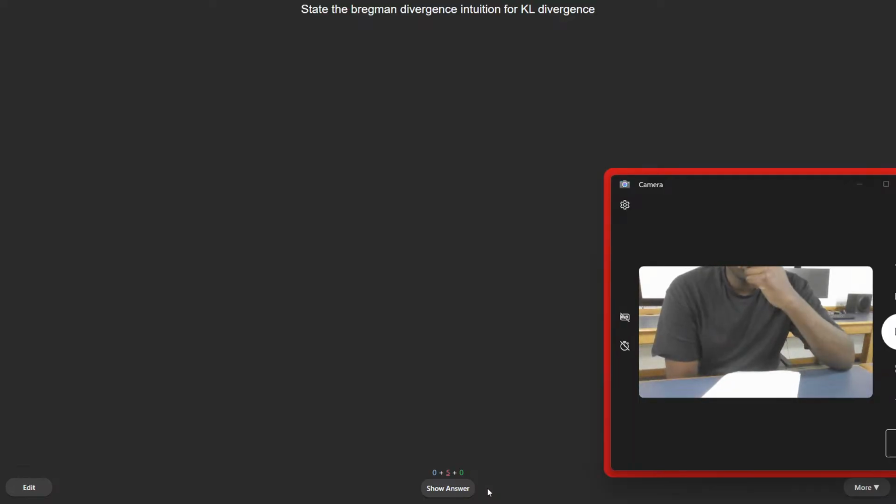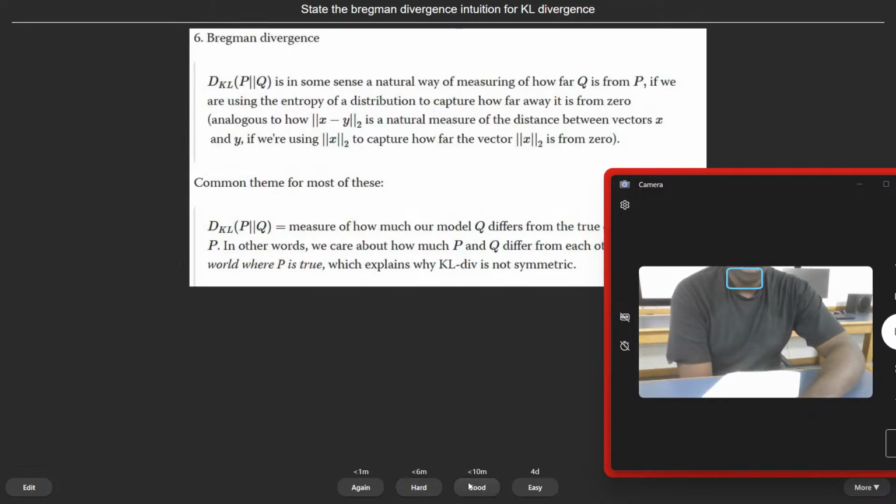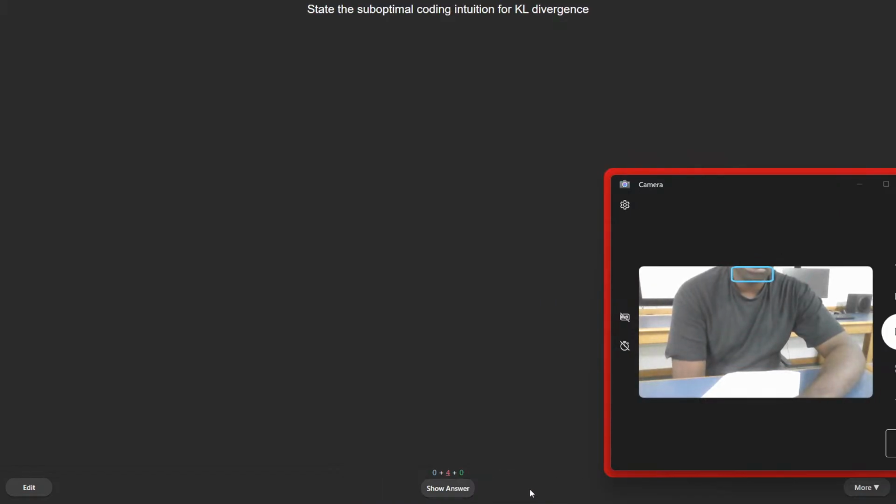If we think of entropy as some sort of positional measure of the distribution, then the KL divergence in some sense is the distance, but obviously it's not symmetrical. Okay, I think I'm happy with that.